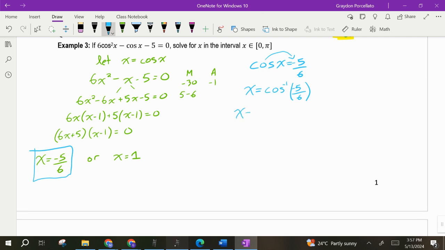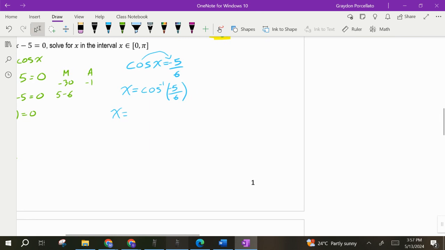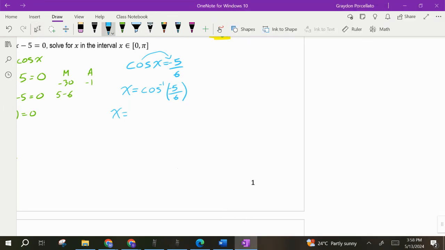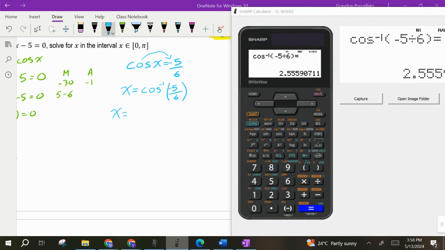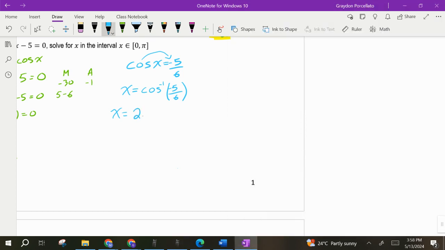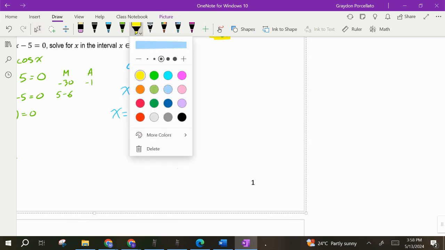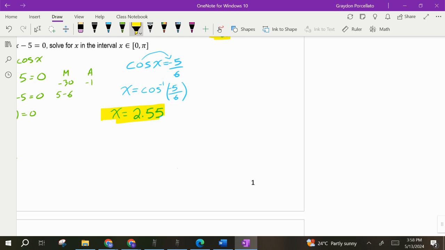And so we get x equals, let's use my calculator. So that's second cos of negative 5 divided by 6, 2.55. So that gives me, that was correct, right? Yep. So that's 2.55. So that's one solution.